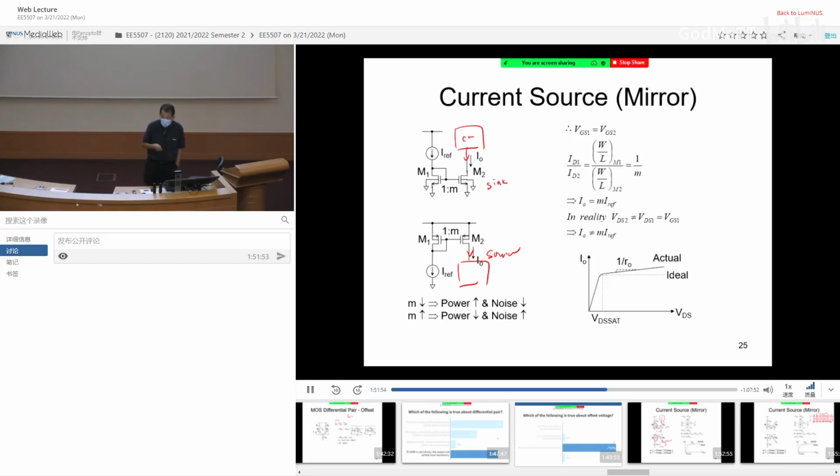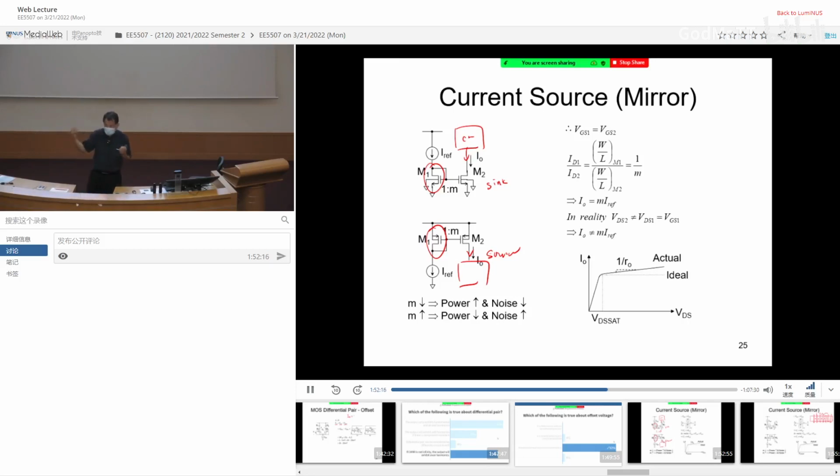Now, for the current source, the typical structure is always like this. You will have one branch establish the reference current, and that always consists of a diode-connected transistor. You use that to establish the reference VGS. And with this VGS, you apply it to the other branch.